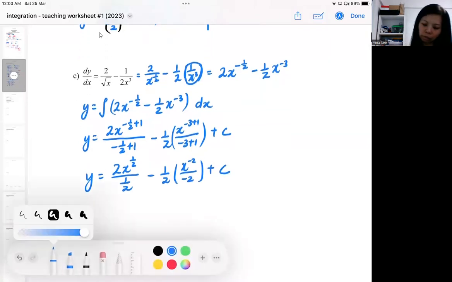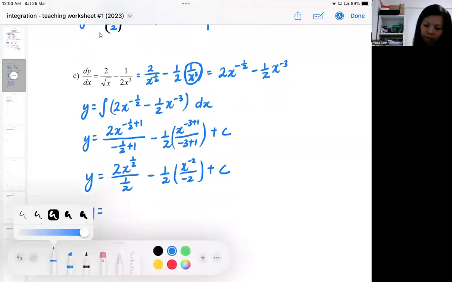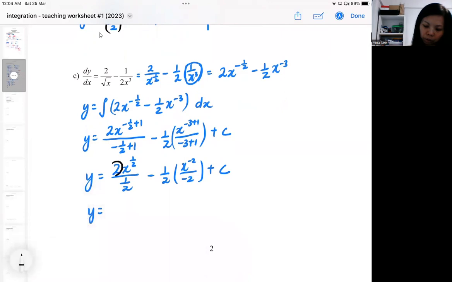So subsequently, what will I do here? Okay, subsequently, 2 divide by half. So I will punch calculator, 2 divide by half. That will have given me a 4. And x to the power of half will have given me a square root x.